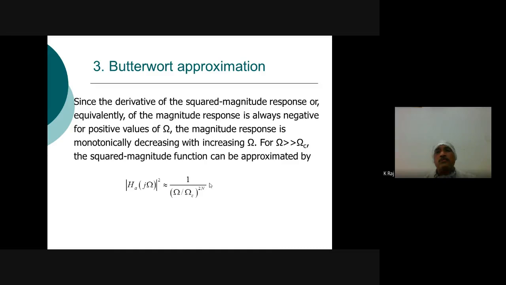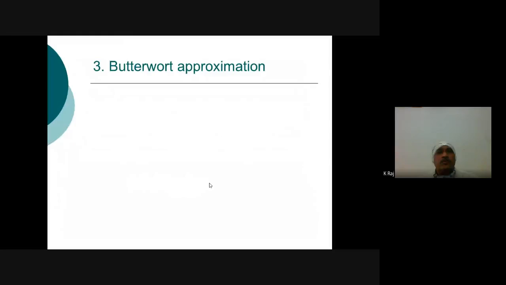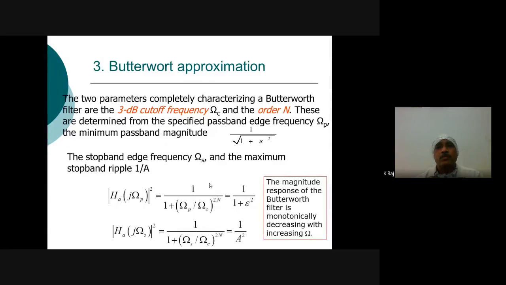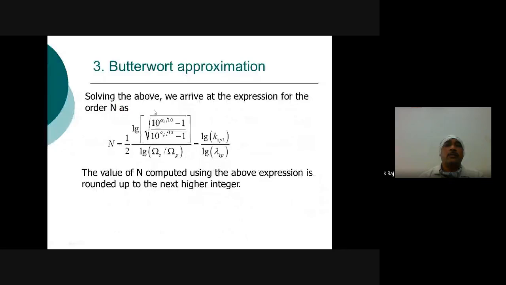If the filter specifications are given in the digital domain, then those specifications will be converted into the analog domain. Then we describe the passband frequency, stopband frequency, the ripples in the passband and the ripples in the stopband. On the basis of these four parameters, we derive the value of n.